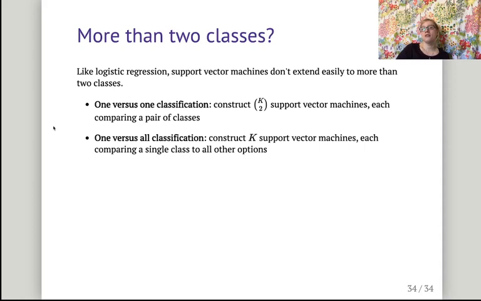Or you'll do 1 versus all classification, so you'll build k support vector machines, each comparing just a single class. So even though support vector machines can work with more than 2 classes, it's not really recommended unless you're willing to build lots and lots of models. I'll leave some support vector machine problems for you to play around with in the homework, and I will speak to you soon.